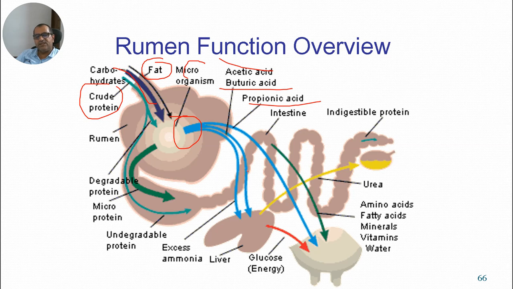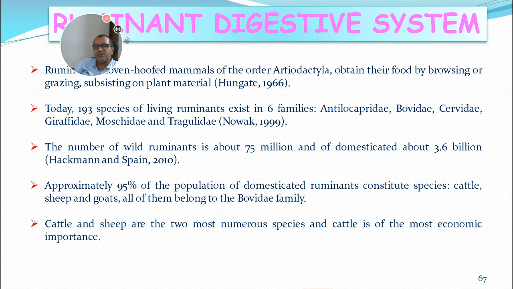Several digestive enzymes will act to digest the protein into polypeptides, then into amino acids. Ultimately the glucose, the required amino acids, and also the fat will be coming to the udder for making the milk. So the amino acids, fatty acids, minerals, vitamins, and also the water form the ultimate food, that is the milk. So this is the process of how it happens.